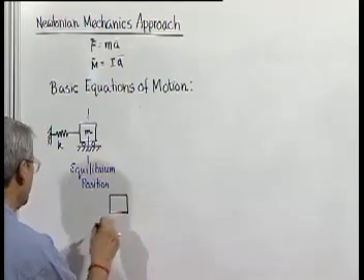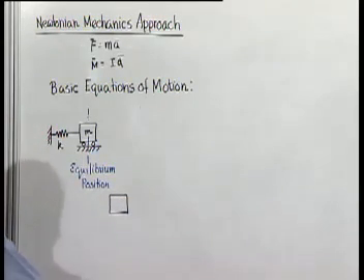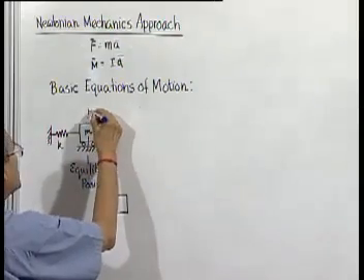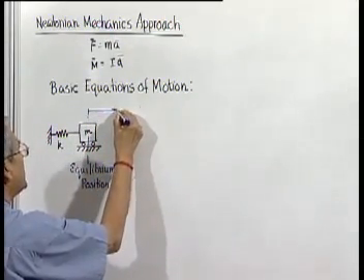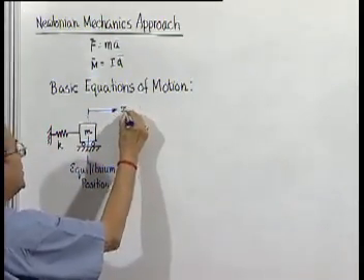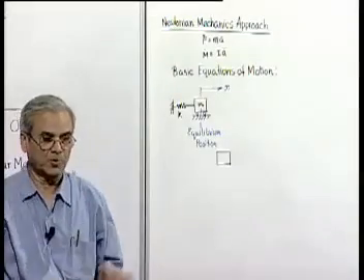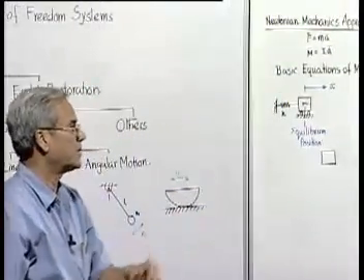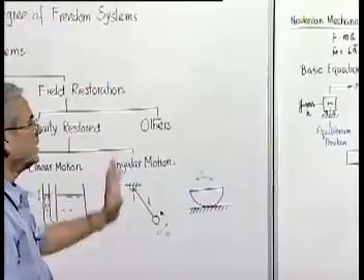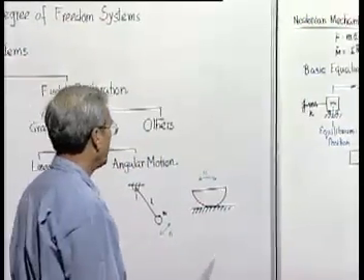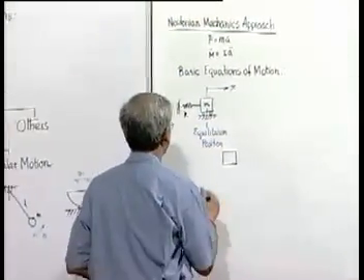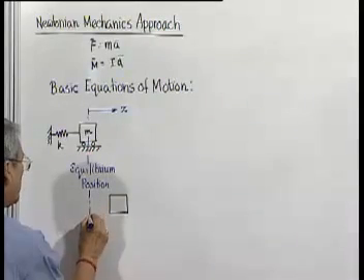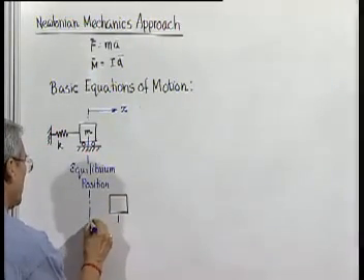The first thing is, how do we measure the displacement? Now, almost as a rule, unless there is a very special reason to do otherwise, we should always measure the displacement or change of position from the equilibrium position of the system. So, if this be the equilibrium position, then the displacement will be this much.